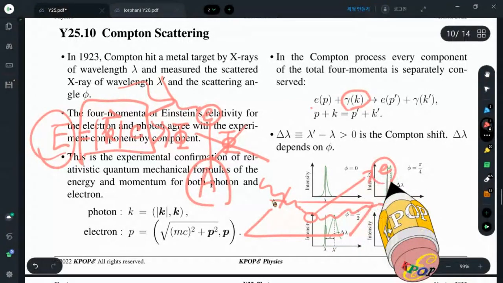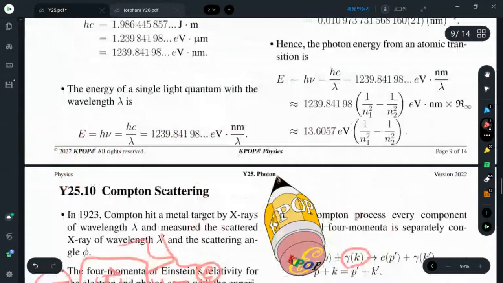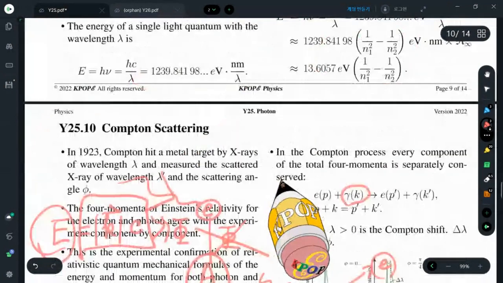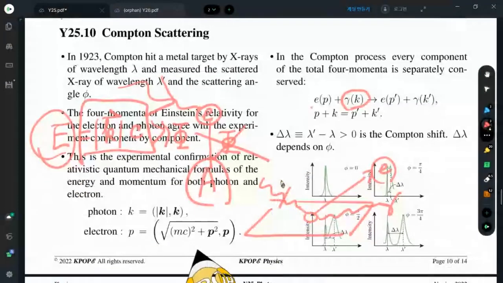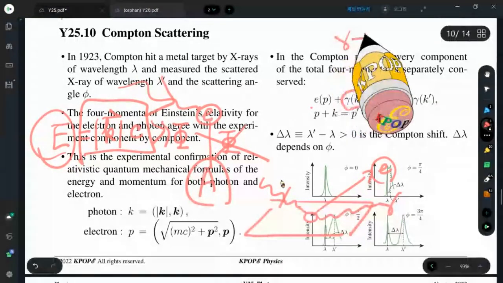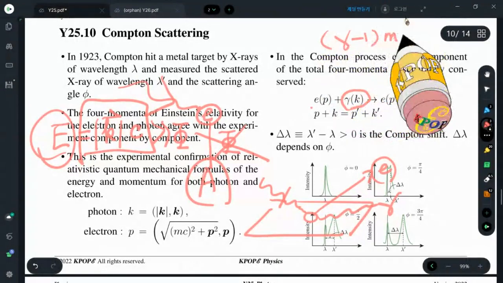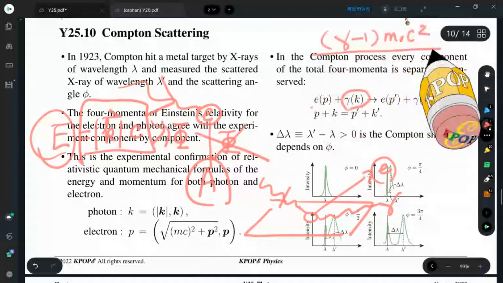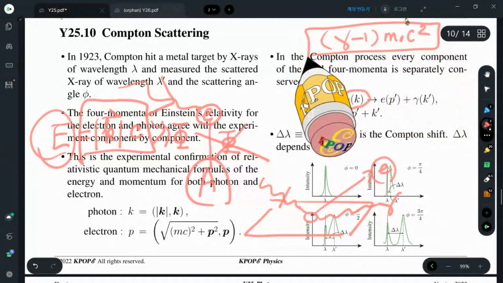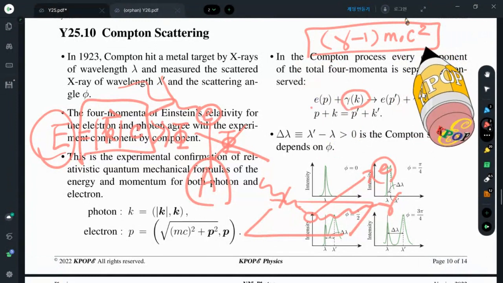And the electron's kinetic energy is not 1/2 mv squared anymore, and we can really test the kinetic energy. We remember gamma minus 1 times m0c squared is the relativistic kinetic energy of a massive particle, and this formula has been really tested.